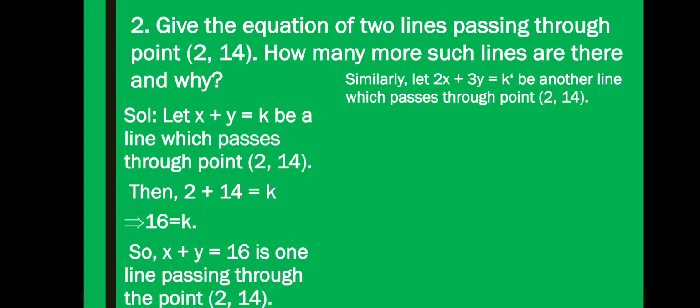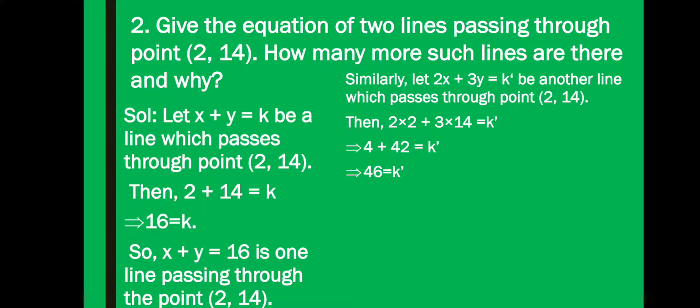It is passing through this point, that means for the value of x equal to 2 and y equal to 14, this equation holds, so 2 into 2 plus 3 multiply 14 is equal to k dash. From here this implies 4 plus 42, that is 3 14s are 42, is equal to k dash. Then 4 plus 42 is 46, which is equal to k dash.